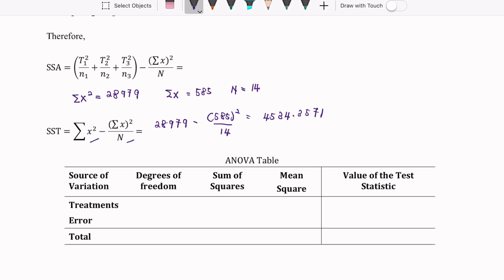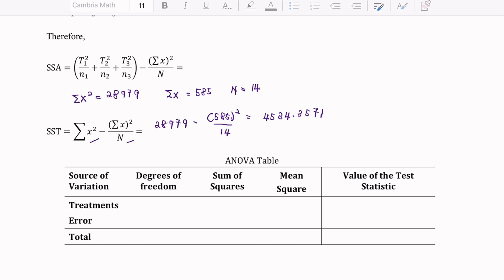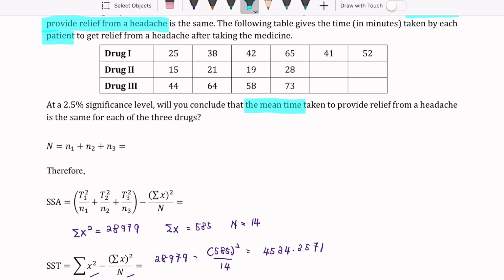Next, we move to treatment sum of squares, SSA. In treatment sum of squares, you have to first obtain the total time for each of the groups. For group 1, to obtain T1, you have to sum all the data points here, and you will have 263. And the sample size of group 1, you have 1, 2, 3, 4, 5, 6.